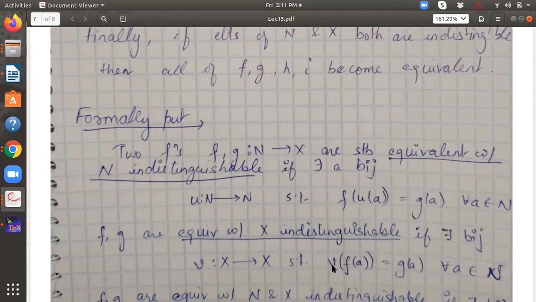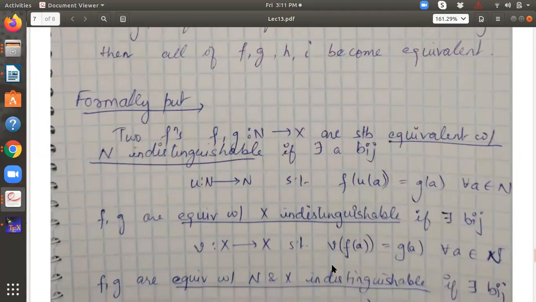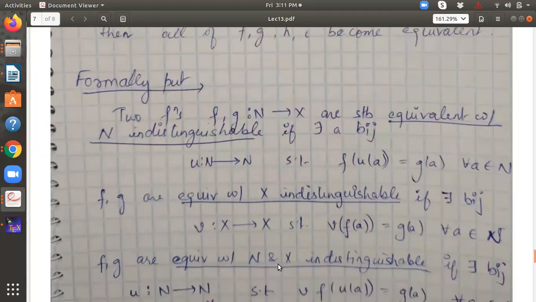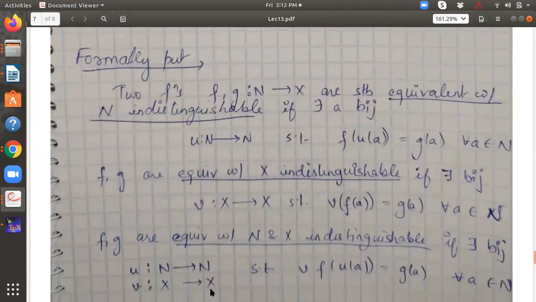Now, two functions f and g will be equivalent with n and x both indistinguishable if you have bijections u from n to n, v from x to x, such that you swap the elements in n, which are the balls, and then you take the f of it. So sorry, u of a were the balls.